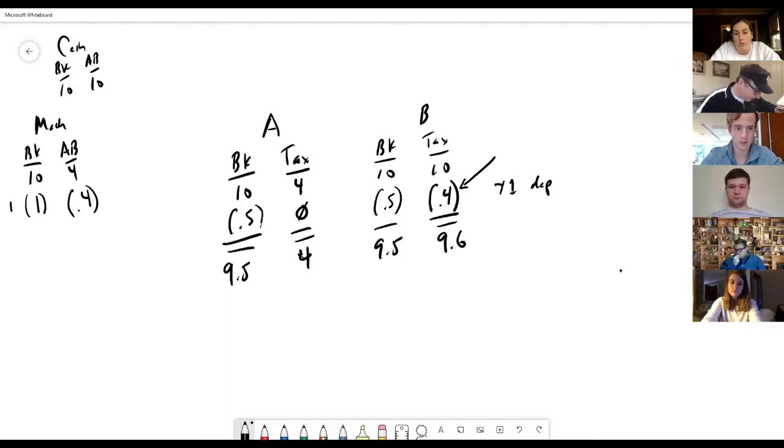And just to show how this works, let's say in year 2, we sell the property for 9. So our book value is now 9. Our tax basis is now 3.6. So we sell it for 9. We have no book gain.